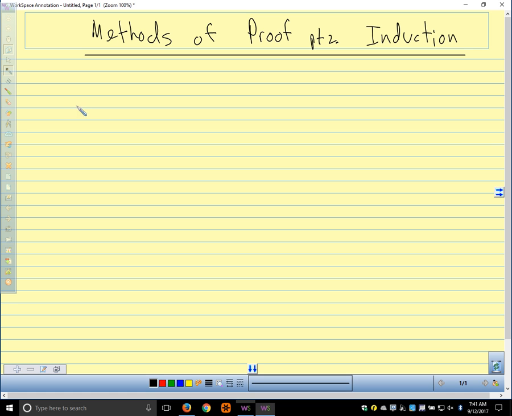And the basic idea of proof by induction is we usually want to show something about all integers.